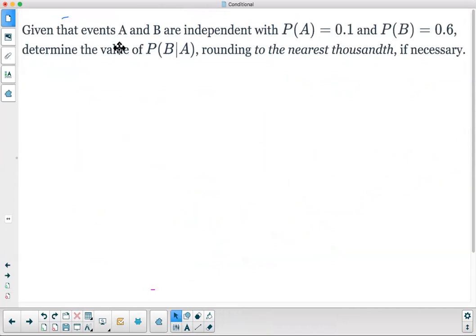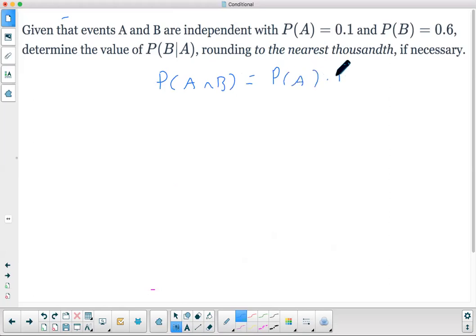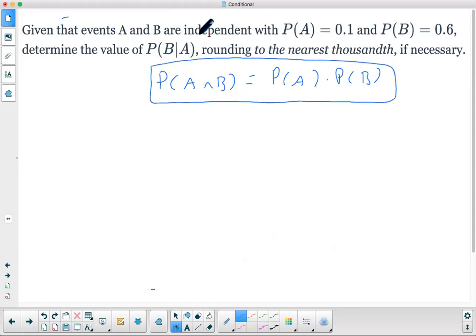So we've got, given that events A and B are independent, okay, if A and B are independent, that means that the probability of A and B equals the probability of A times the probability of B. Keep that in mind. So they want to know the probability of B given A. Now watch what happens.